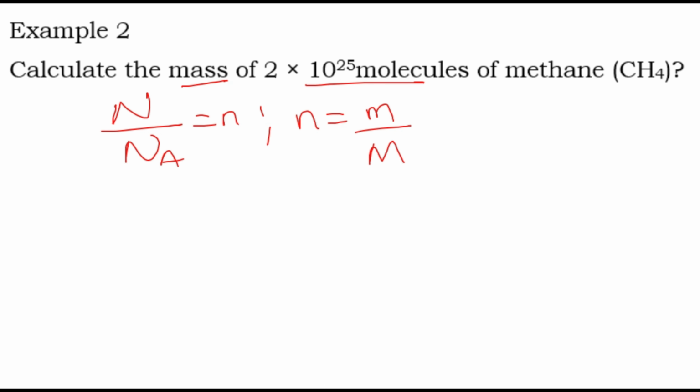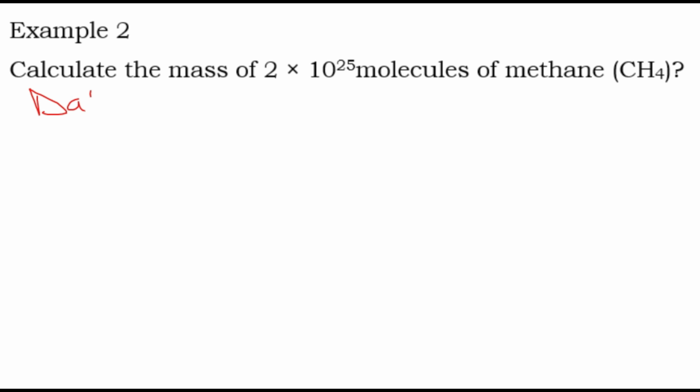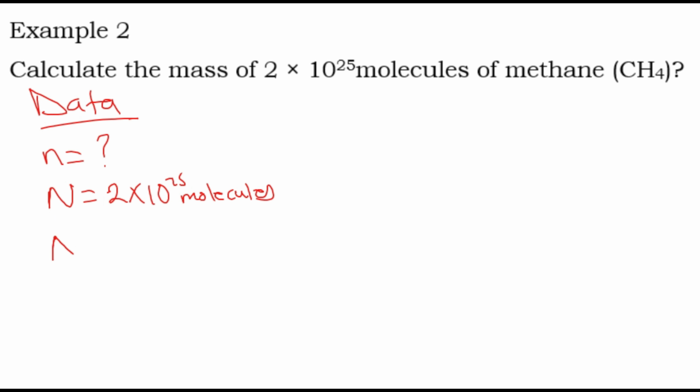All right, so the data: number of moles unknown, number of particles 2 × 10^25 molecules. The Avogadro's number is equal to 6.02 × 10^23. Since we're using molecules, it's molecules per mole.